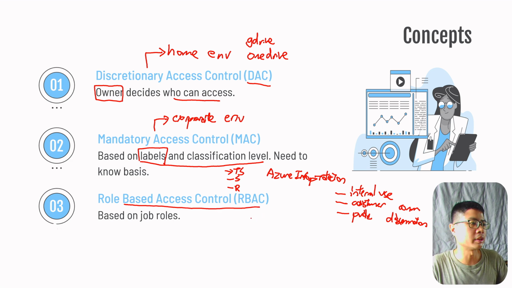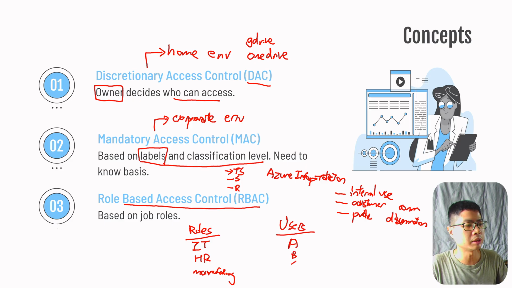And finally, we look at what's known as RBAC, or Role-Based Access Control, which is widely used in corporate deployments. There will be multiple roles. For example, you might have a role for IT, a role for HR, or a role for manufacturing. Then there will be multiple users, and for simplicity's sake, we'll just call them A, B, C, D, E, F, G, and maybe H as well.